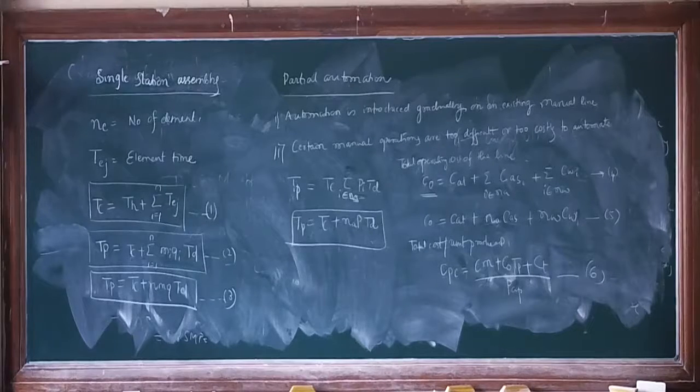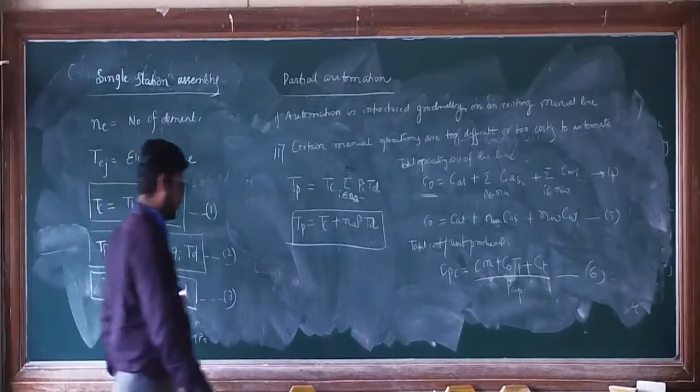Linear transfer and other transfer mechanisms I have explained: cart on track conveyor systems, rotary indexing mechanism, walking beam mechanism, storage buffer. So this completes the syllabus. So today I'll stop here.